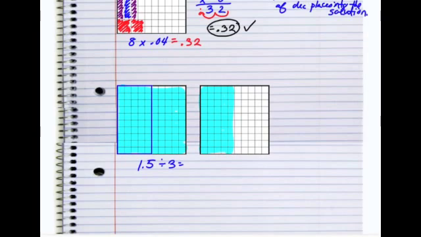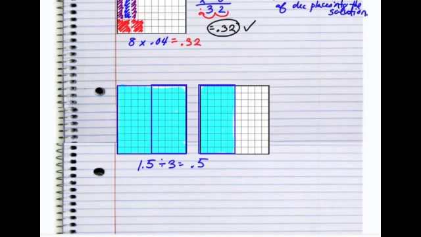I know that 5 tenths is equal to 1/2 of a whole, and I have 3 sets of 5 tenths in here. So 1.5 divided by 3 is 0.5, or 5 tenths.